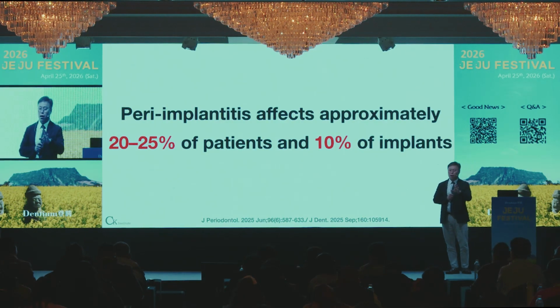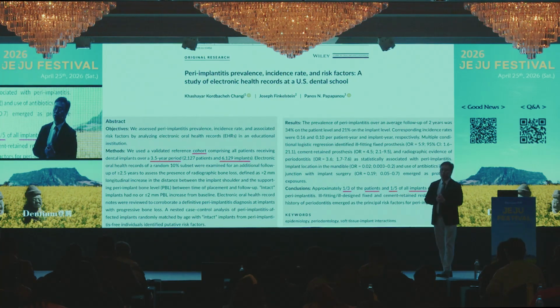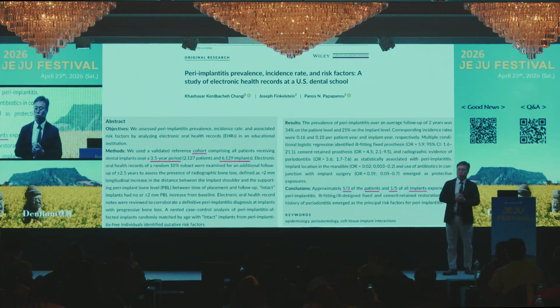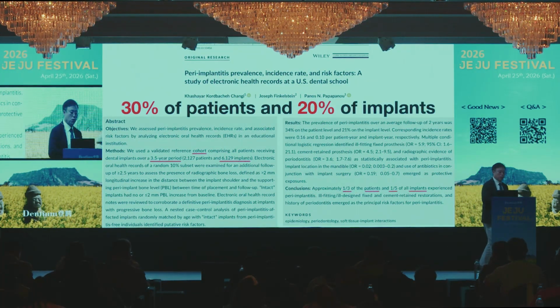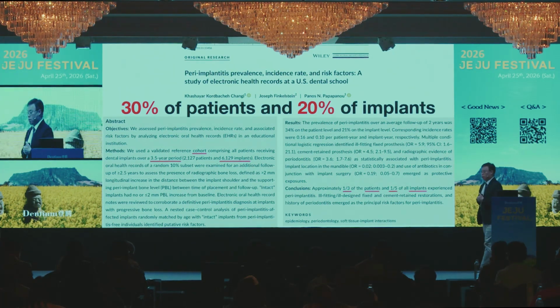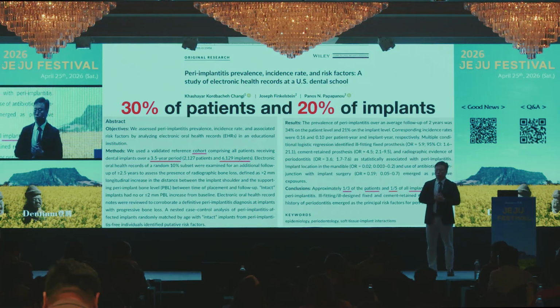It's a very high prevalence. In this paper, conducted in a dental school, where most of the residents and students place the implants, the prevalence is much higher: 30% of patients and 20% of implants experience peri-implantitis.